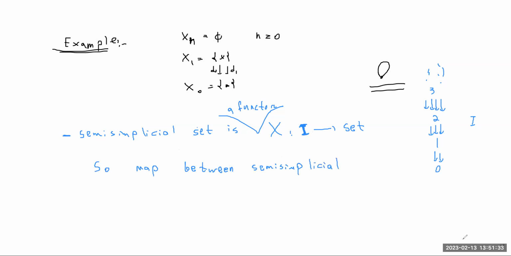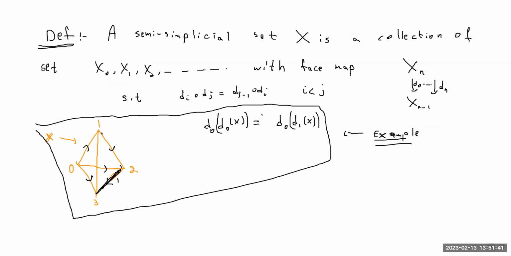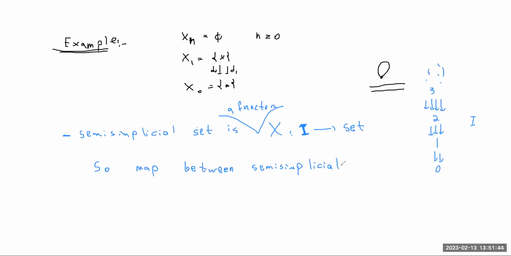Because we lose the way to describe maps like we described before, we now have this way: a map between simplicial sets X and Y is a natural map. And it can easily be described.